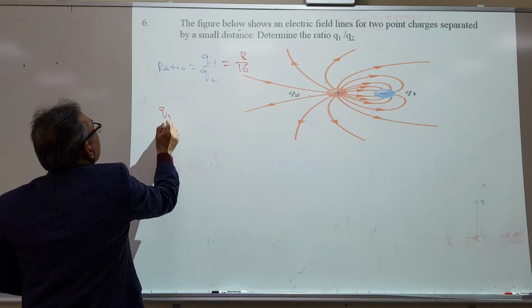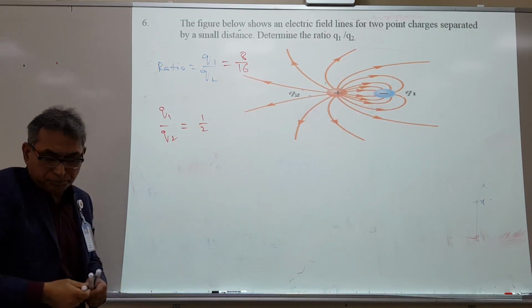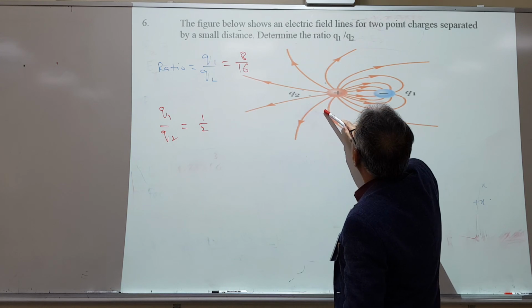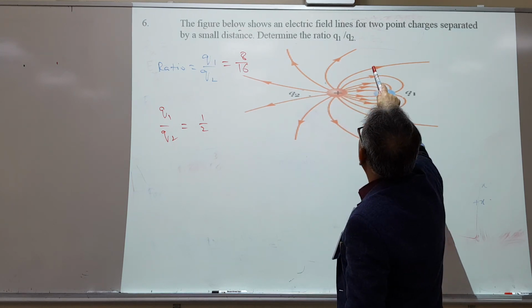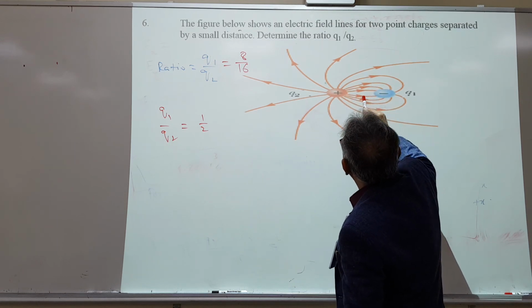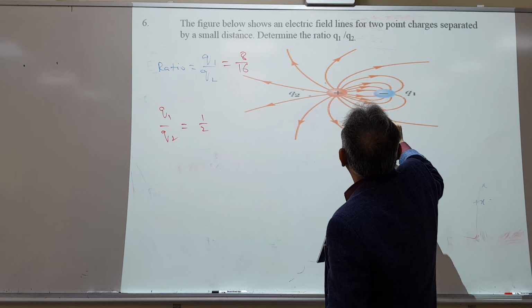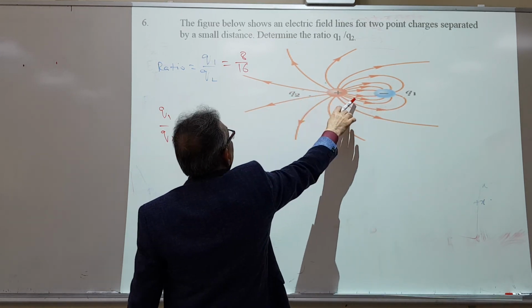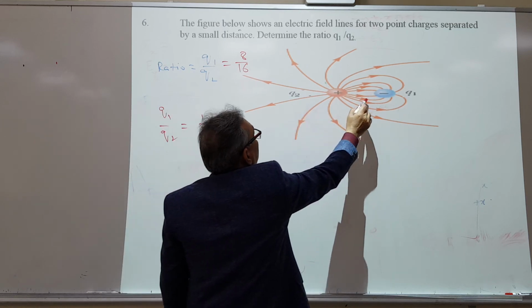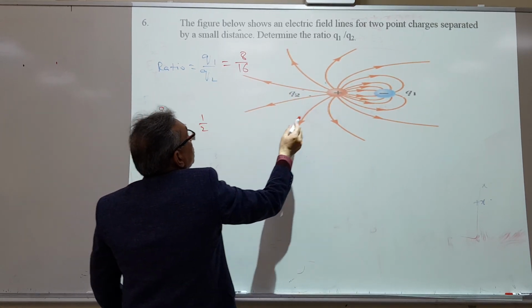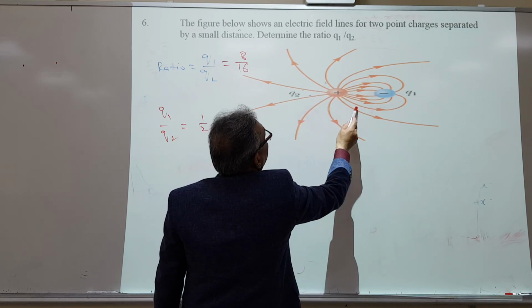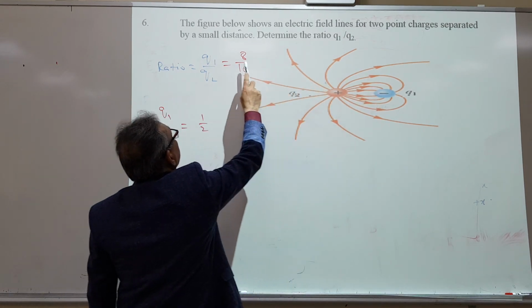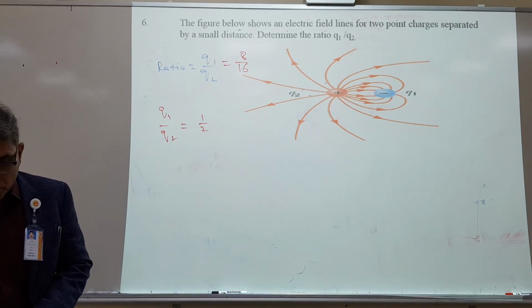Start from here: 1, 2, 3, 4, 5, 6, 7, 8 coming into Q1. So Q1 is 8. For Q2 going out: 1, 2, 3 up to 12, total 16. So the ratio is 1 by 2.